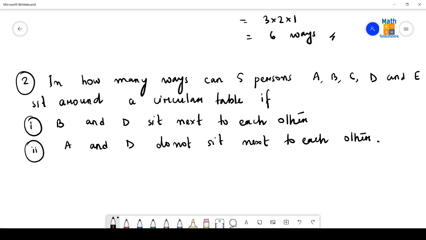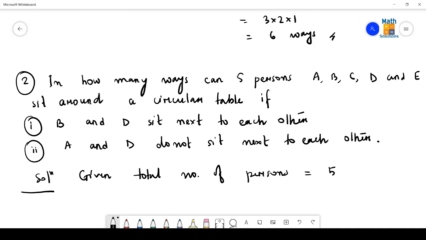So coming to the solution part, how many persons do we have here? Given total number of persons is equal to 5.